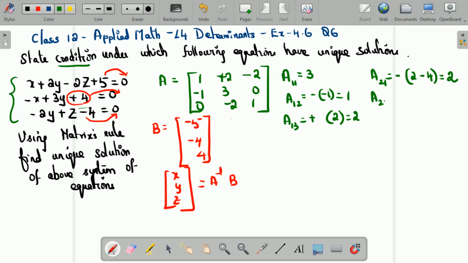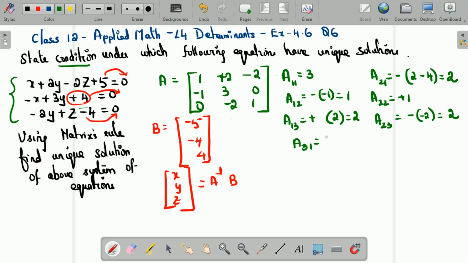Now let's compute A22. Here discard this row and this column. It will be 1 into 1 is 1, minus this way is 0. Already there is a plus sign here, so it is plus 1. Now A23, you put a negative sign, then discard this row and column, multiply these two values, so you get -2, minus 0. There is already a minus sign, so minus into minus is plus 2. Let's compute A31.